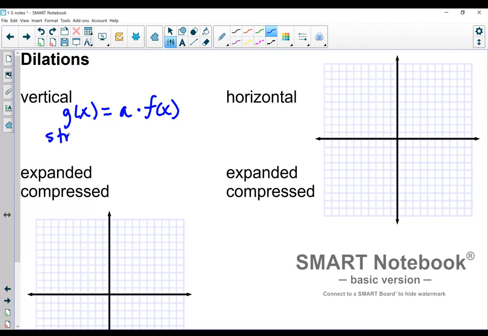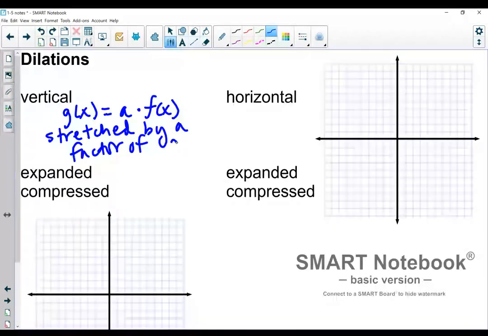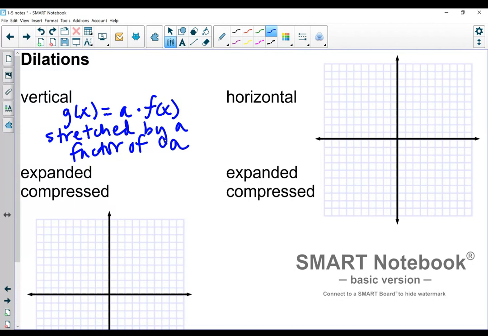And that's going to be stretched by a factor of a. And really it could be stretched or shrunk, right? Depending on how big a is. So it's going to make it bigger if that factor is greater than 1.